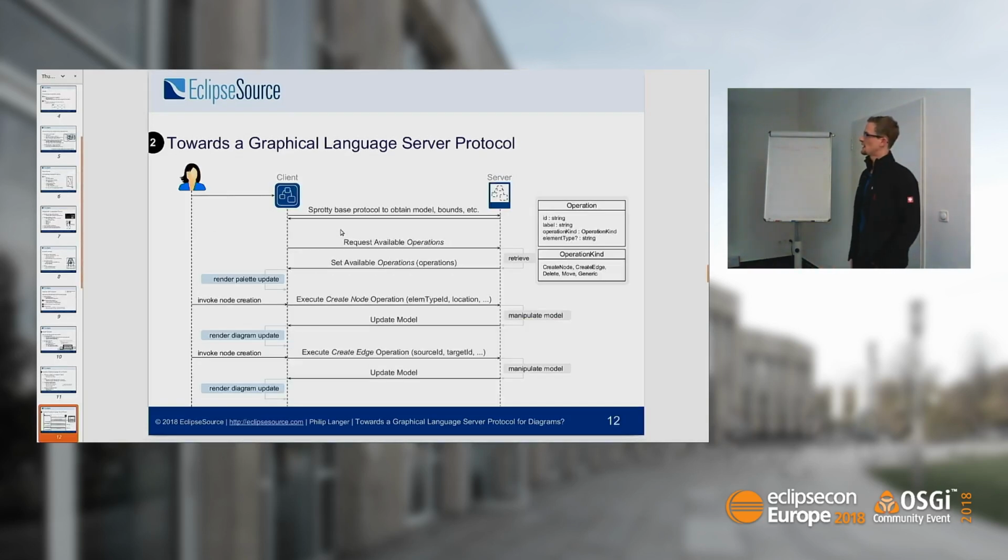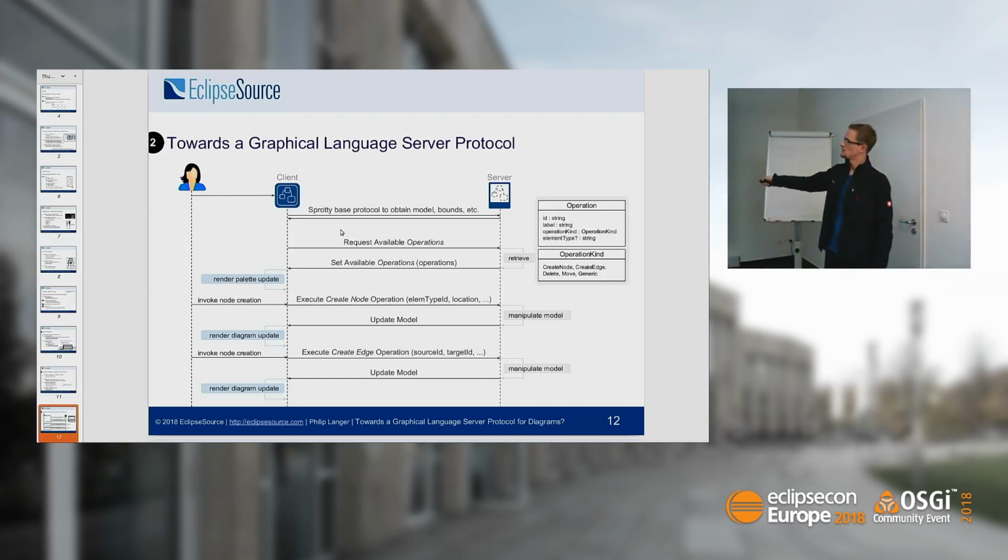Right, so how does that look when putting that into practice? If a user starts the client, then all that happens is just Sprotty at work, using the base protocol for obtaining the model and computing the bounds and so on.